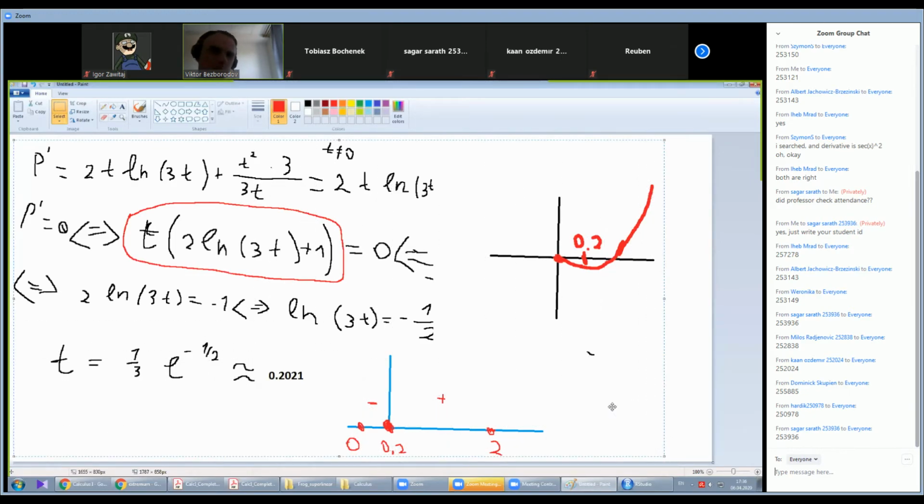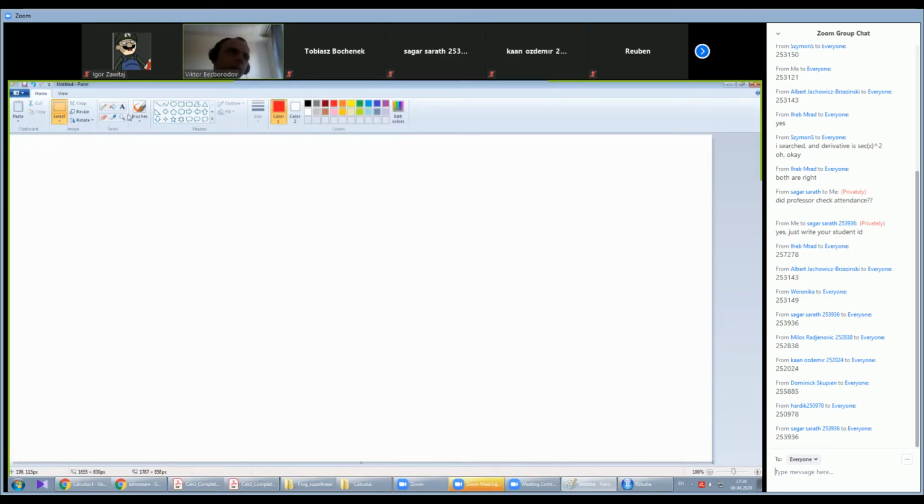Okay, and now let's return to the limit, right? I said that the limit is 0. So I'm referring to this limit: the limit of t times logarithm t as t goes to 0. I think some of you may find it using L'Hopital's rule. So you just represent it as a fraction, right?